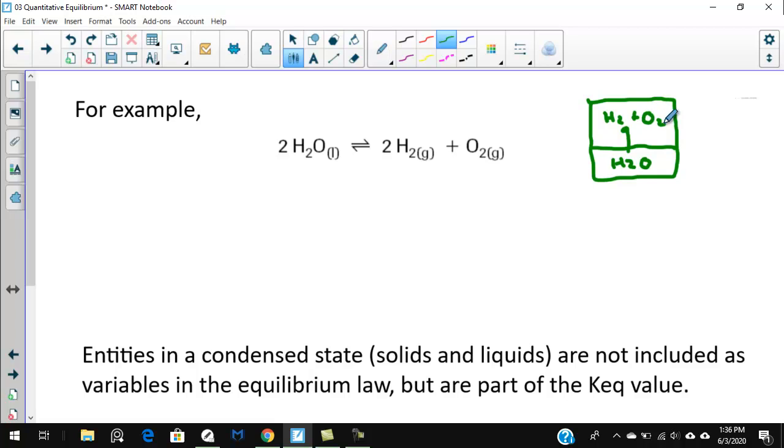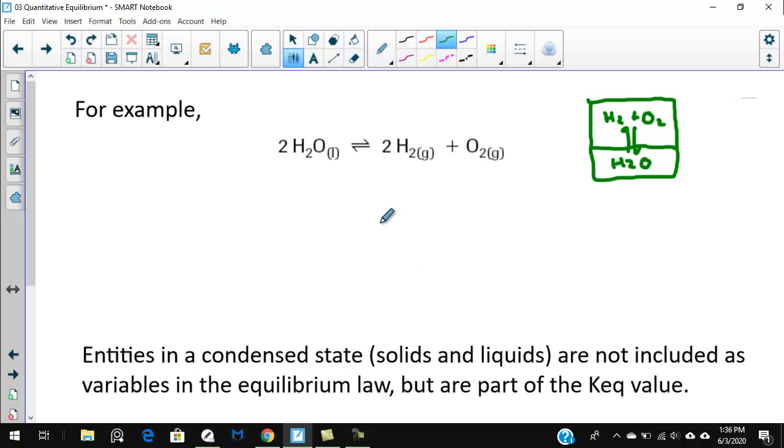Now that occurs at a very small amount. Most of this H2 and O2, as soon as it's formed, turns back into H2O. And so this equilibrium is very much balanced on the side of the reactants. Very little water actually spontaneously turns into H2 and O2 gas. Okay, but it does happen.